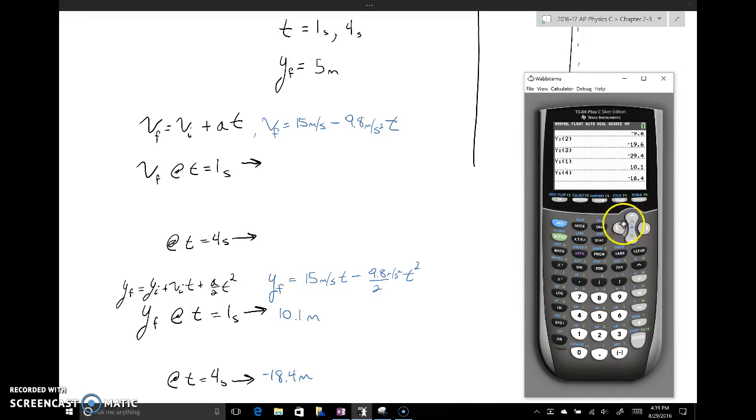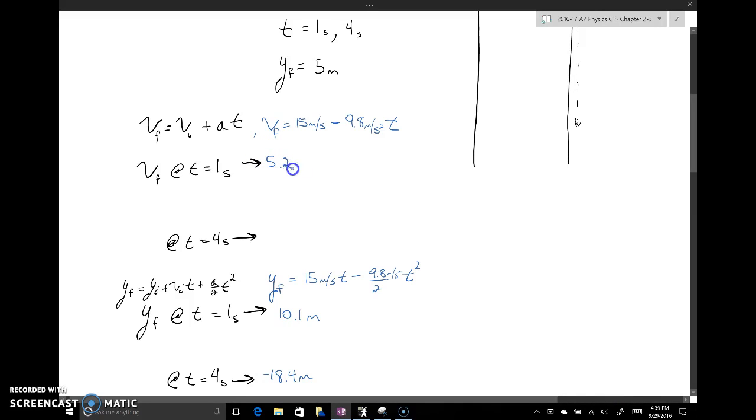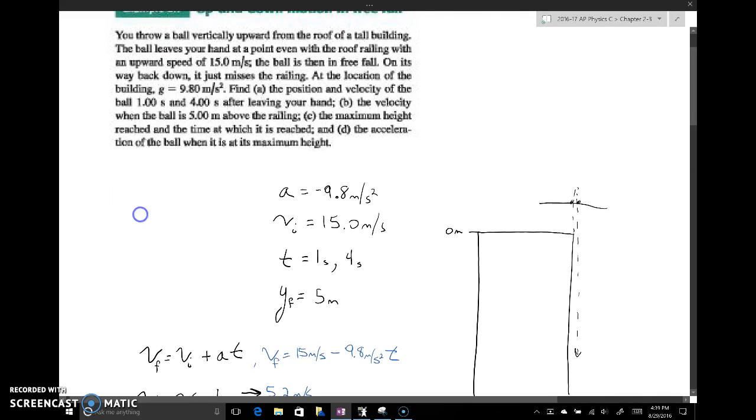So it's going to be y2. So 5.2 and negative 24.2. Okay, and that's A.